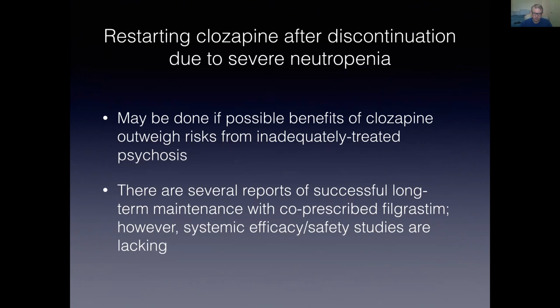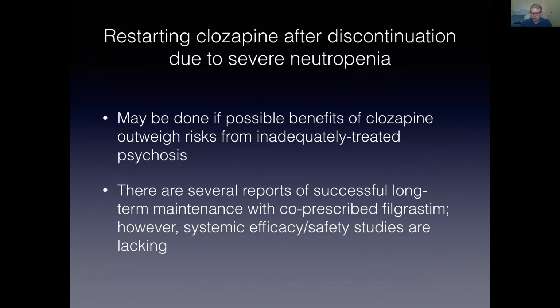So it can be a very big challenge to find a non-clozapine alternative which is adequately successful. So in cases where clozapine has had a very clear benefit and where its discontinuation is resulting in a degree of psychosis, which is creating significant impairment or risk of morbidity or mortality, clinicians can reinitiate clozapine, obviously doing so very carefully. And there is certainly a role described in the literature for the use of filgrastim in trying to boost the white cell production to mitigate that risk.